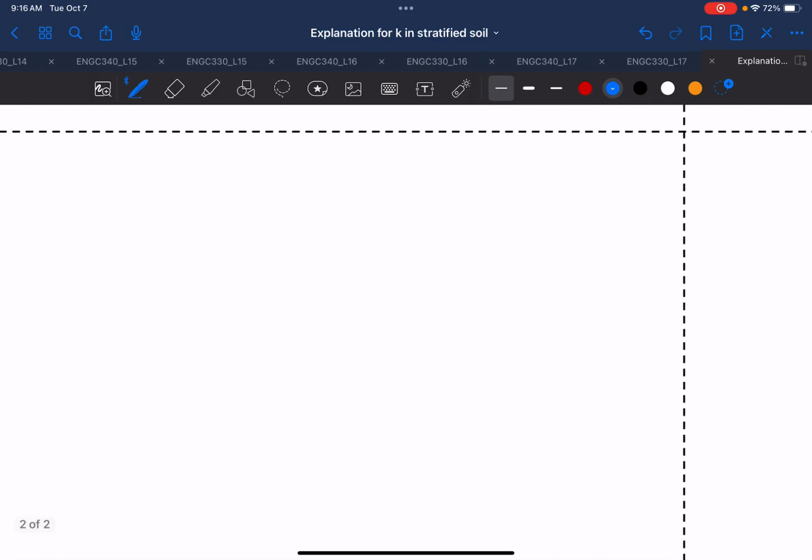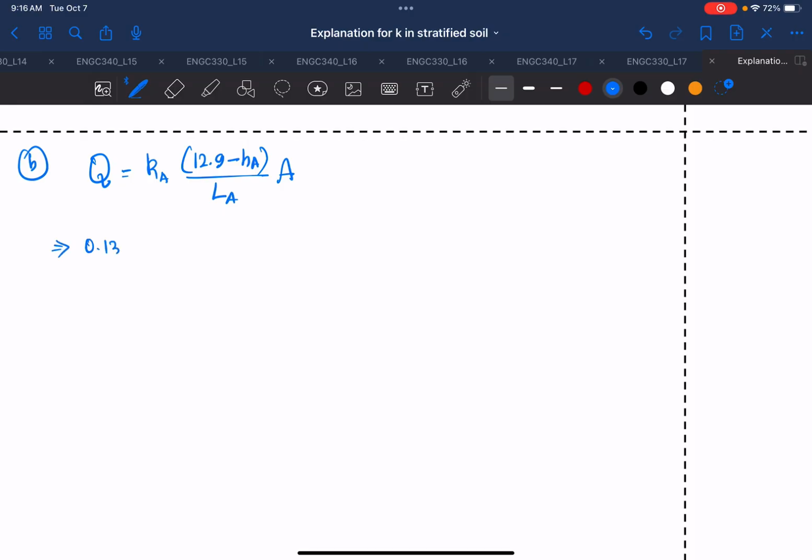For part B, Q is equal to Ka, because the water is flowing through soil A, times 12.9 minus HA divided by the length of soil A, into area of A. The area is the same for the soil, so we just use A. So Q is 0.139 centimeter cube per second, Ka of soil A is 10 to the power minus 2 centimeter per second, and that will be 12.9 minus HA divided by the length of soil, 15 centimeter, and the area is 400 centimeter square.